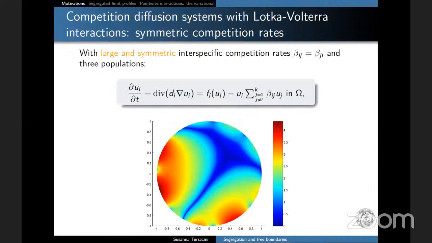Okay, let me start. I usually start with these motivations and these pictures, so I apologize to those who have already seen them. One class of problems which is important as a motivation are competition diffusion systems with Lotka-Volterra interactions.